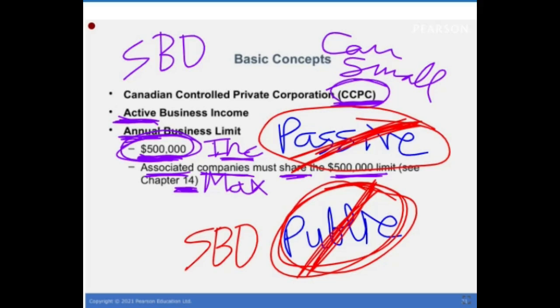Maybe 2 of them each use 250 and 2 of them use 0, because maybe they don't need it. Maybe 3 of them don't need it and one is going to use the whole 500 amount. The group of associated companies comes to an agreement on how they're going to share that limit. In Chapter 14, we'll get into the nitty-gritty of how we determine if corporations are associated.